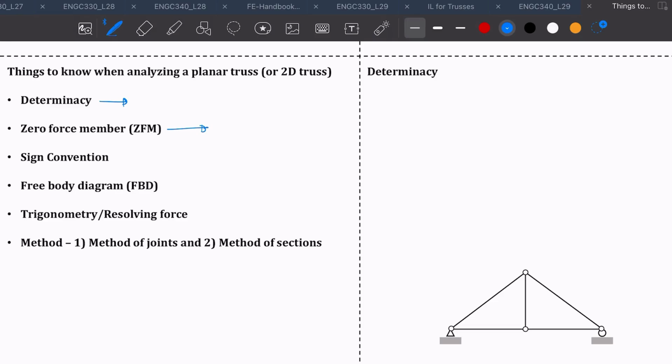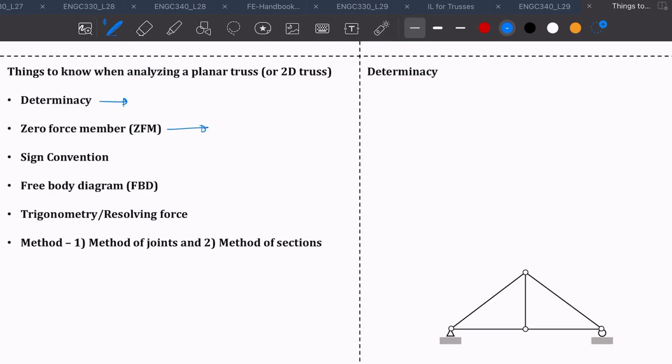And then you'll end up having two different answers for one member, which is a violation, because you cannot have two different force values for one member. One member should have only one value, and only one type of force. But under specific loading, if you're getting two solutions or two values for the same member, that means it's not in equilibrium. So that means you're doing something wrong, and the reason is because you did not identify the zero force members.